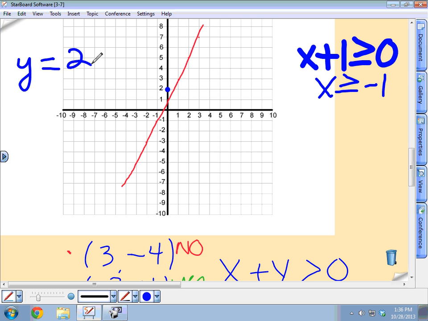I feel like none of those are right. Okay, well, let's start with A. Y is greater than negative x. Well, pretend that greater than was an equal sign. If I just said y equals negative x, what would that line look like?